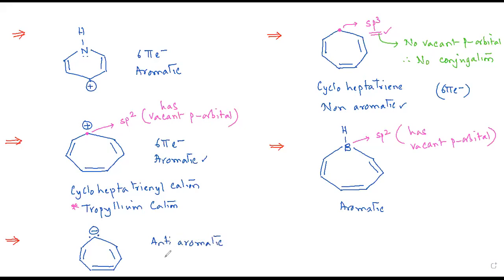It has 8 pi electrons, and there is conjugation. It's of course planar. Okay.